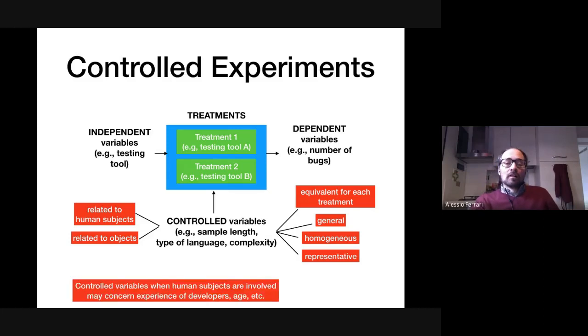So when I consider human subjects, as I simplified before, the control variable may be related to the experience of developers, for example, or age, or gender, or, if you are using a biometric sensor, also the color of the skin may affect that. So there are several aspects that may be considered to control your variables.